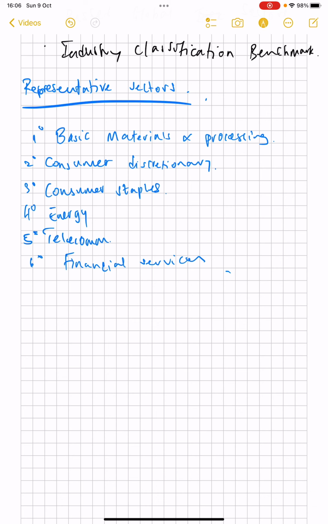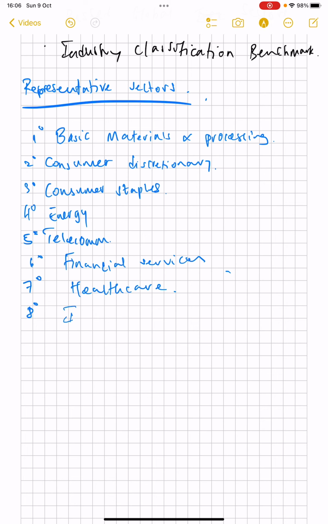So we find fields like banking, finance, insurance, real estate, asset management, and brokerage services. Healthcare: in this, you will have pharmaceutical and biotech products, medical services, healthcare equipment, medical suppliers and providers of healthcare services.